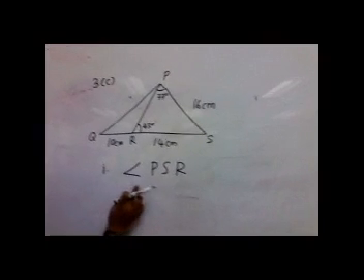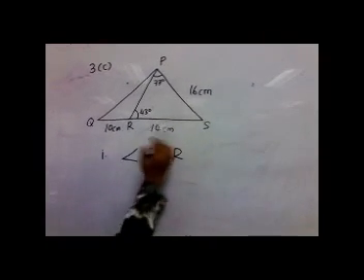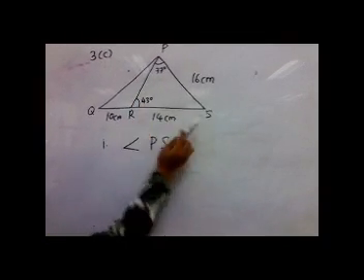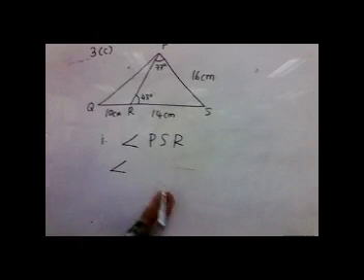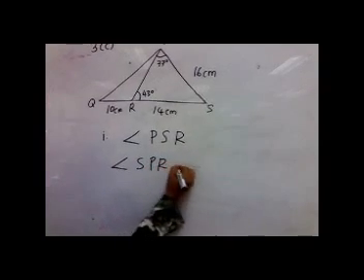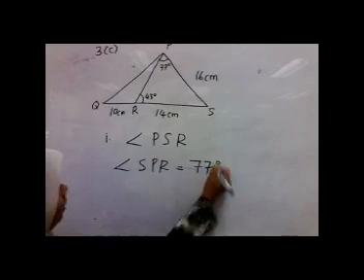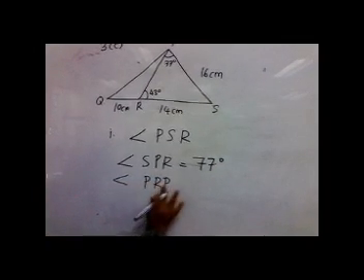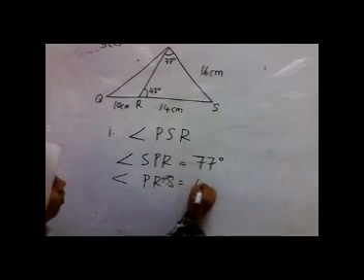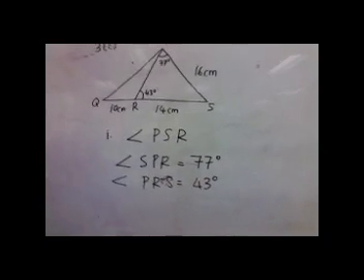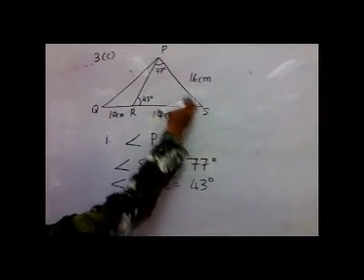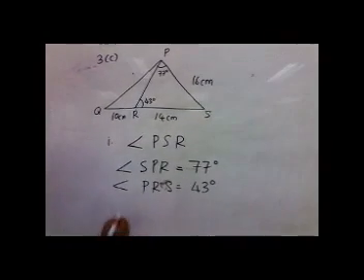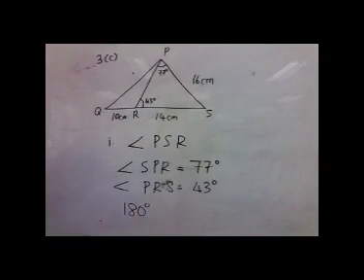So untuk soalan yang pertama, kita dikehendaki untuk mencari sudut PSR di mana diberi sudut SPR dan PRS. So dekat sini sudut SPR equals to 70 degrees and sudut PRS adalah 43 darjah. So untuk pengetahuan semua, jumlah ketiga-tiga sudut bagi sudut segitiga adalah sebanyak 180 darjah.